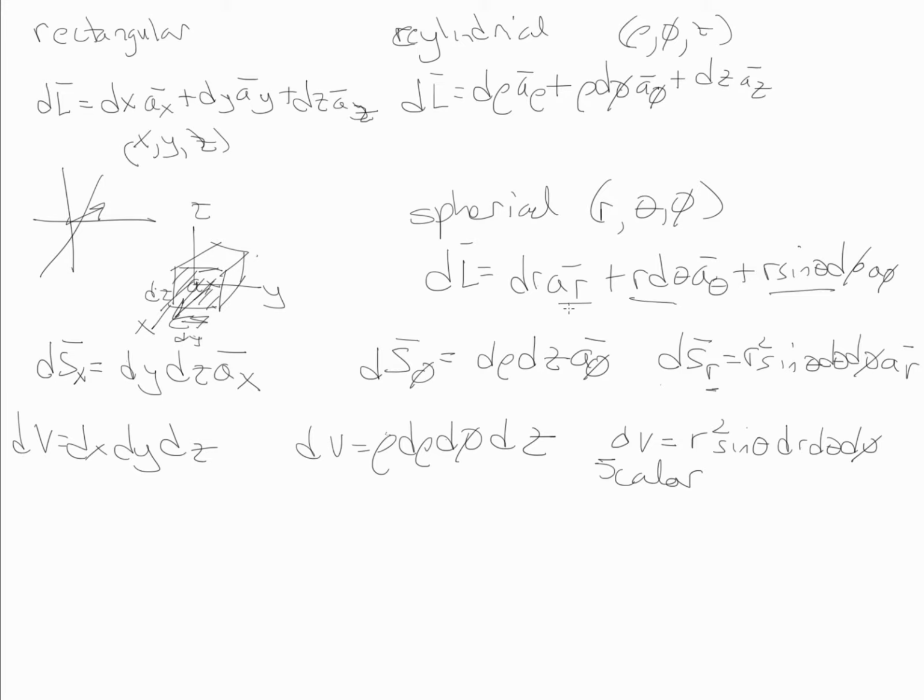And so that's why I say it's best, when you're working on the problems that I've worked through, you just remember these three lines here, the differential lengths, and from that you get the surfaces and the volumes, and it just makes your life easier. To get these, I just memorize what the coordinate systems are, and then I can usually just quickly get the dl.